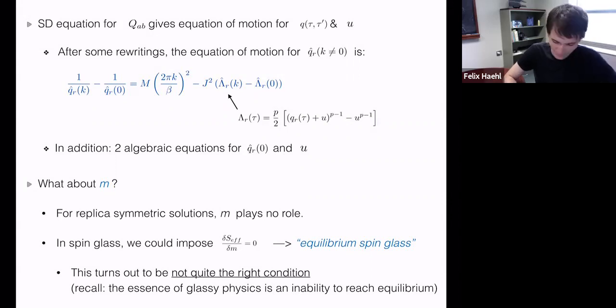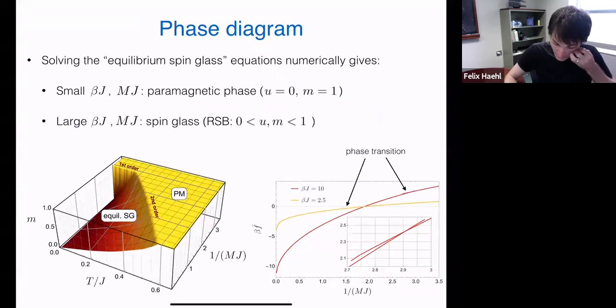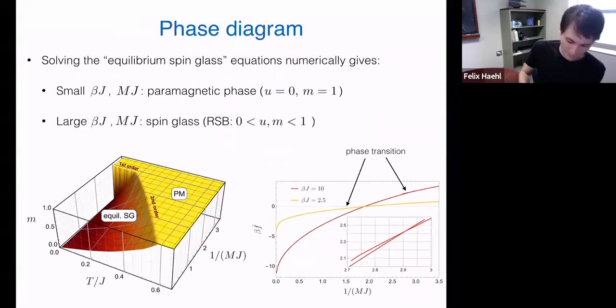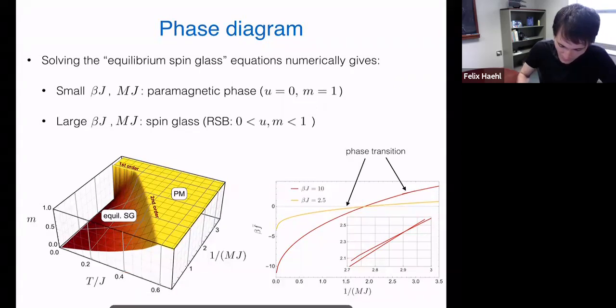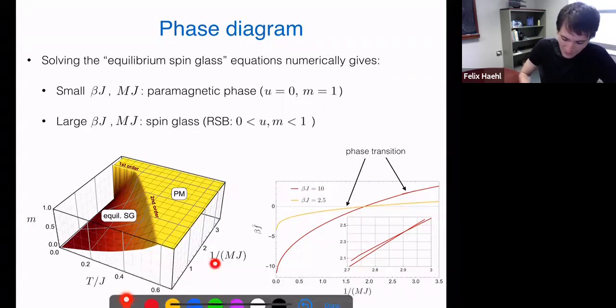Yeah, let me go on. Anyway, so you can solve these equations numerically. Some of the equations I wrote and some I didn't, and you find some phase diagram. You find that this transition to the phase where u is not zero happens in some region of parameter space where temperature is low and this mj is large.